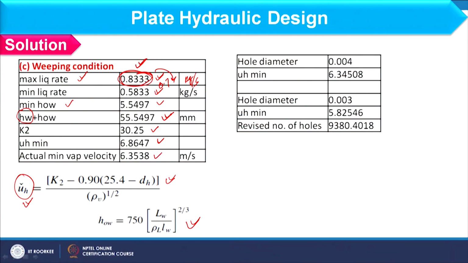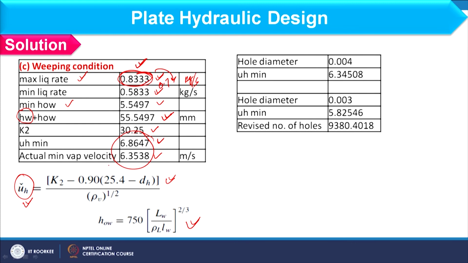And how do you consider the minimum velocity? Because based on the given flow rate, you have already calculated the volumetric flow, right. Consider 70% of that as the minimum volumetric flow rate, and that should be divided by whole area, right. So you can obtain actual minimum vapor velocity as 6.35.